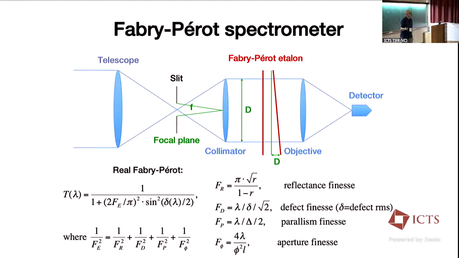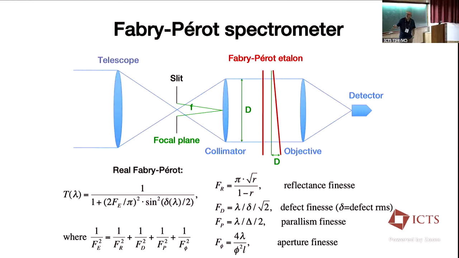If they are not, then the peaks become wider and wider, so the finesse is decreased. And you can write this formula here: one over the effective finesse squared is the sum of one over the different components of finesse squared.